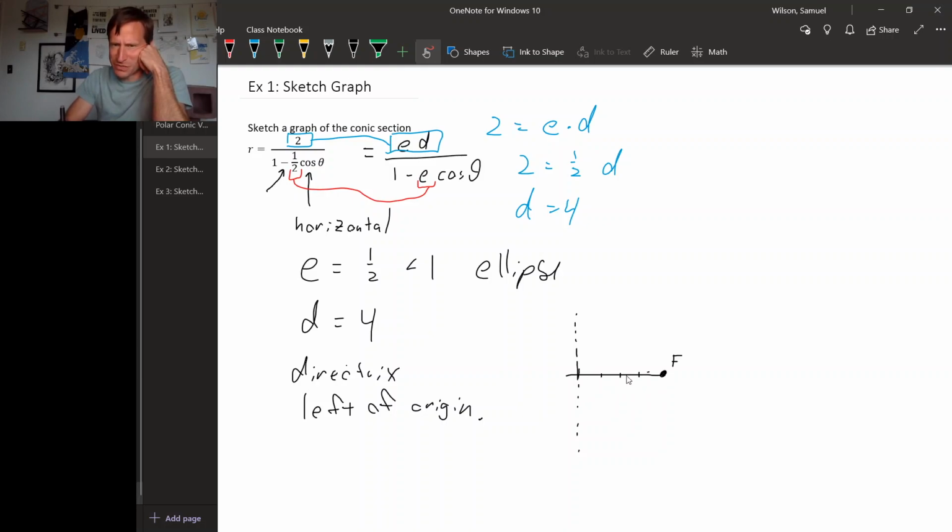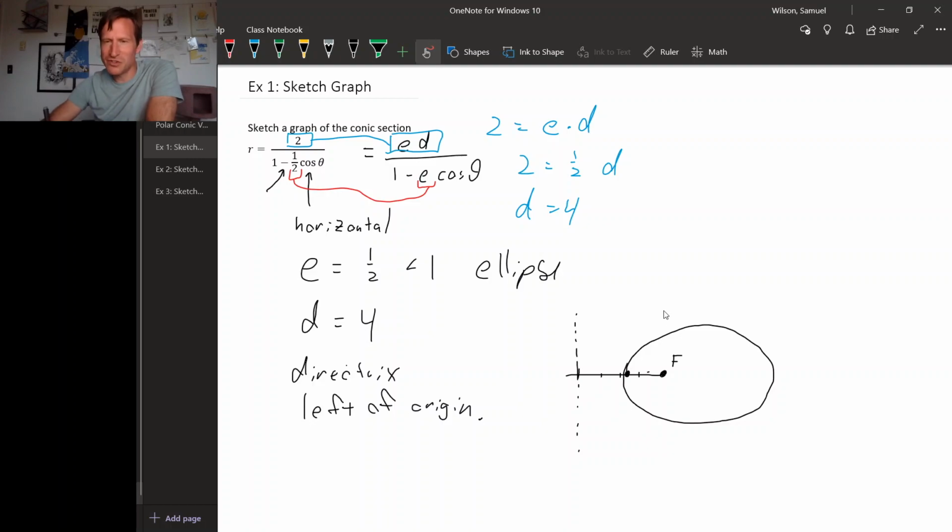We could do the algebra to figure out exactly where the point in between should be, but it looks like it's about here anyway. And since we have an ellipse, the ellipse has to go to the right. The ellipse can't go to the left because then points on the ellipse would be closer to the directrix than the focus, but that's backwards. So our ellipse is going to be something like this. And that's a good enough sketch for now.